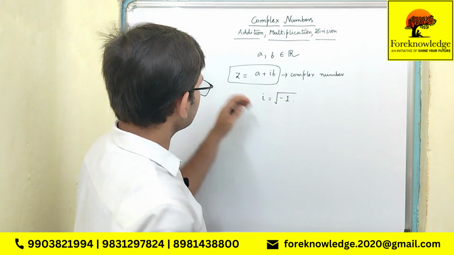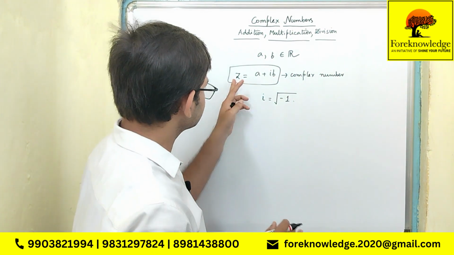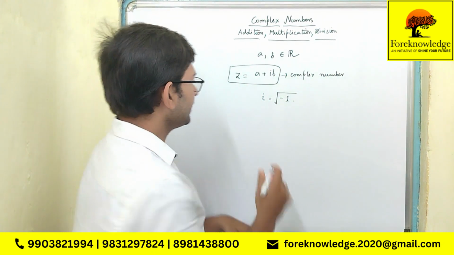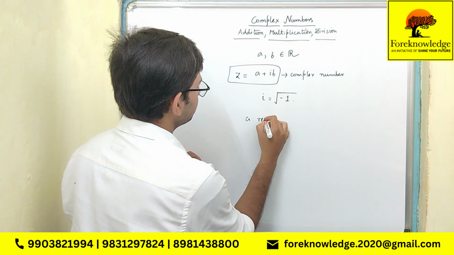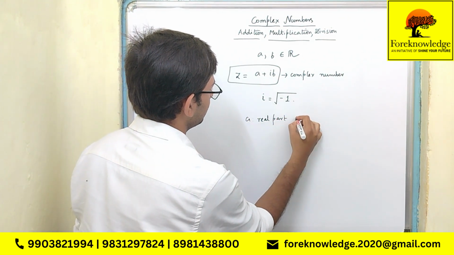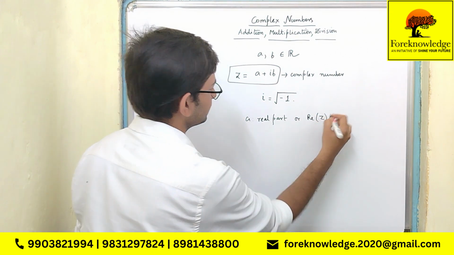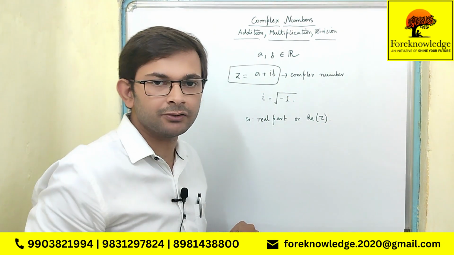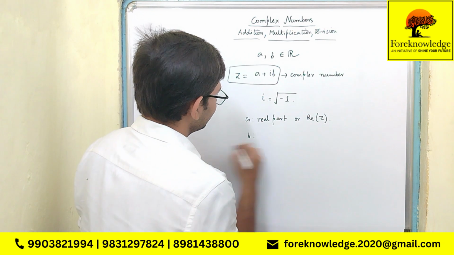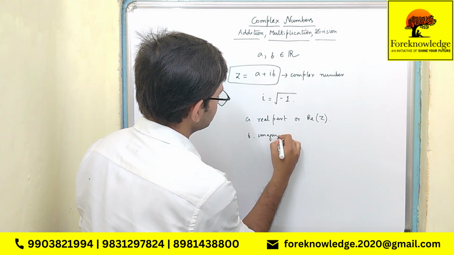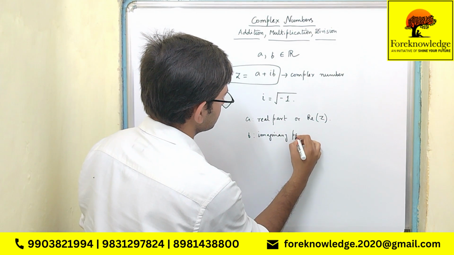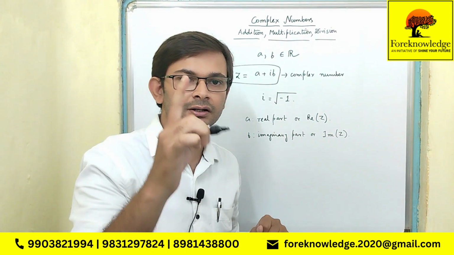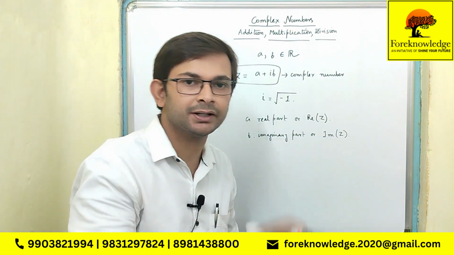So if we express a number z as a plus ib, this number is called a complex number, where a is called the real part of the complex number, or Re(z), and the term associated with iota, that is b, is called the imaginary part, or Im(z).